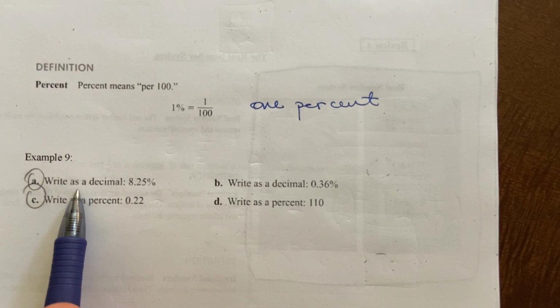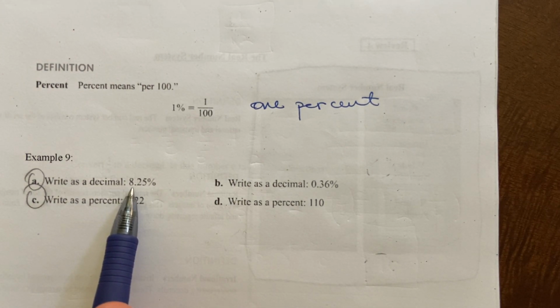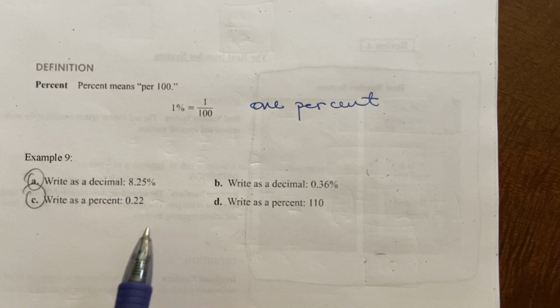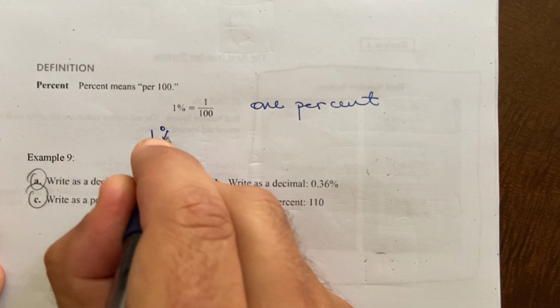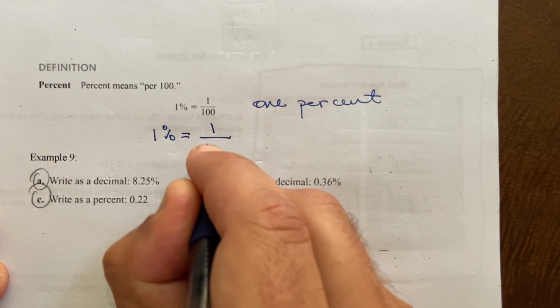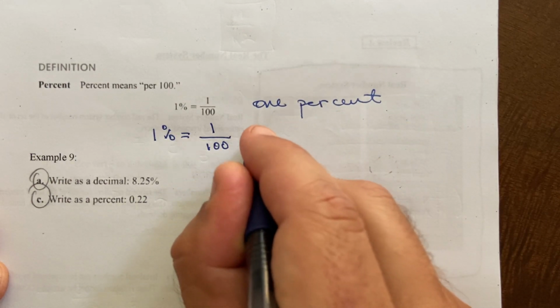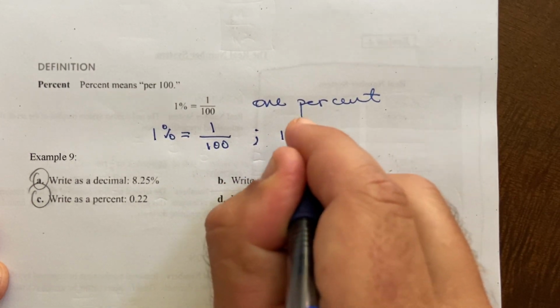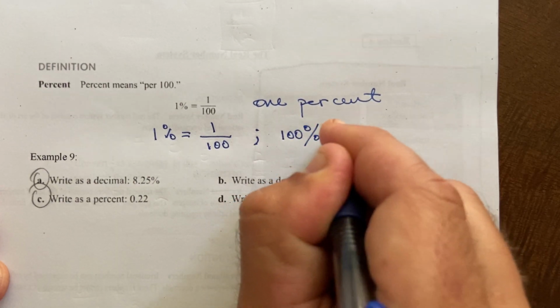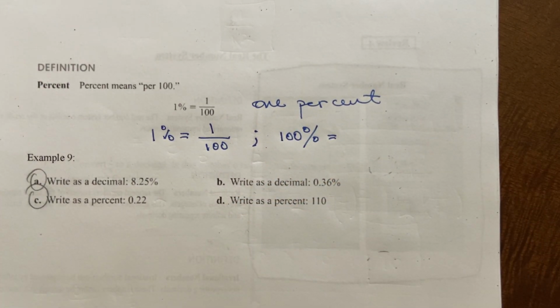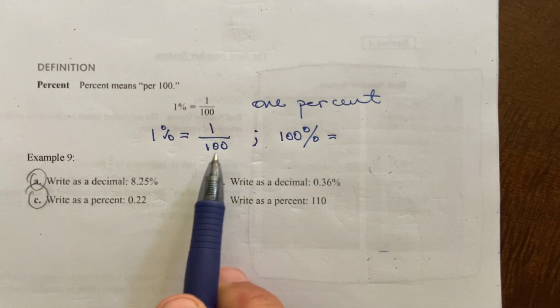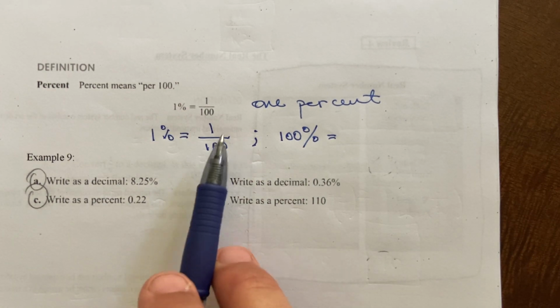So write this percent as a decimal. Let me ask this. So if 1% is 1/100th, what is 100%? So what does 100% equal as a number, right? This is the number that we get for 1%, 1 out of 100.